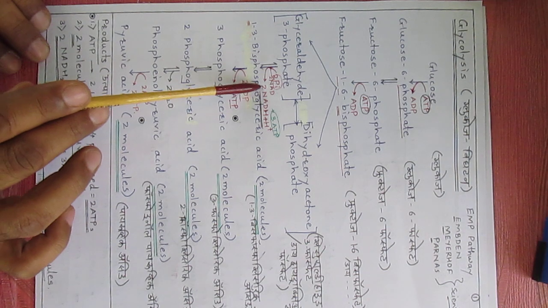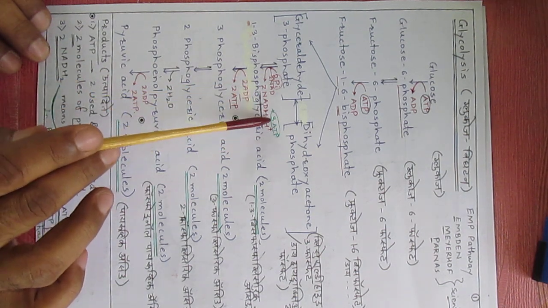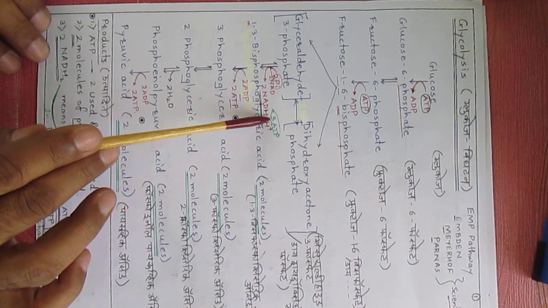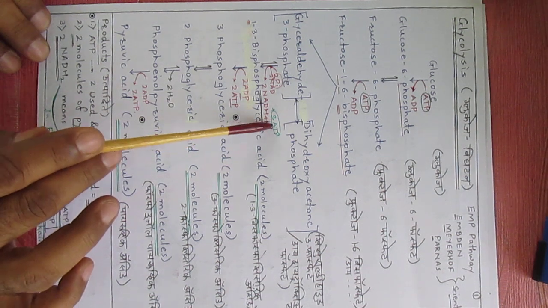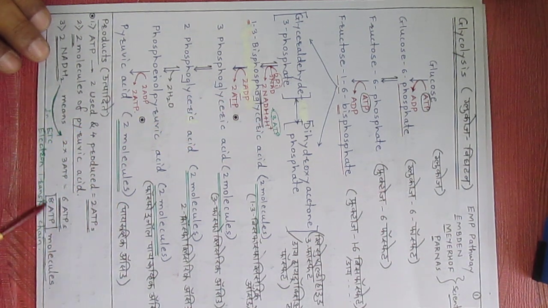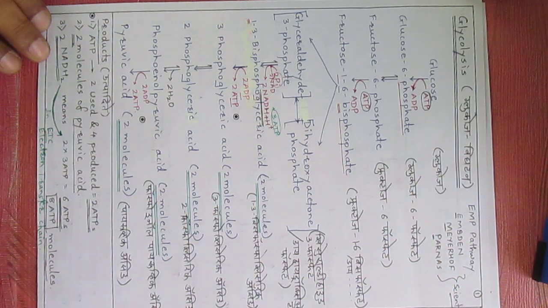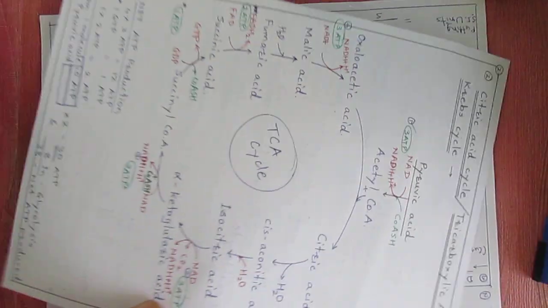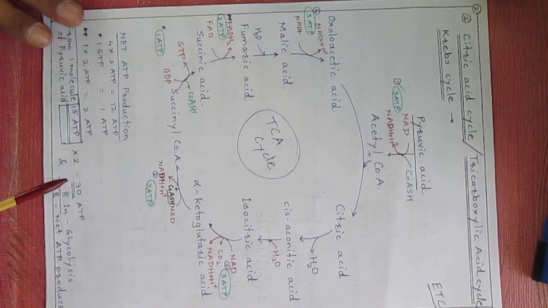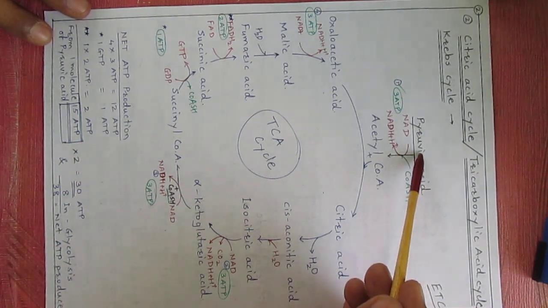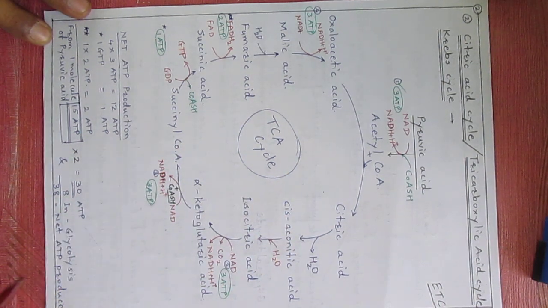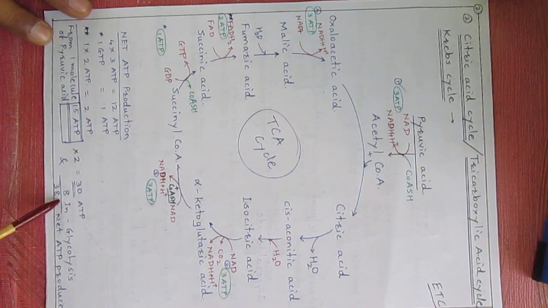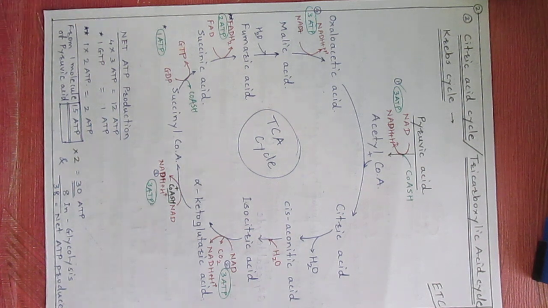Of this NADH2, 2 molecules are produced, and from that 3 into 2 ATP molecules are produced, that means 6 ATP molecules. 6 plus 2, that means 8 ATP molecules are produced in this process of glycolysis, and these 8 ATP molecules are considered here. That means 30 ATP molecules from the pyruvic acid through the entire Krebs cycle, and 8 ATP molecules in the glycolysis. In all, we will get 38 ATP molecules from a single glucose molecule. Thank you.